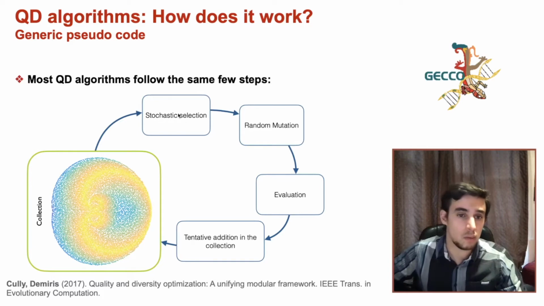The selection can consider solutions from the collection or from a parallel population that is maintained. Then with the selected individual, we generate some mutated copies. Crossover can also be applied in order to generate new solutions. The new solutions are then evaluated on the task and potentially added to the archive depending on the performance and the behavioral descriptor of each solution.